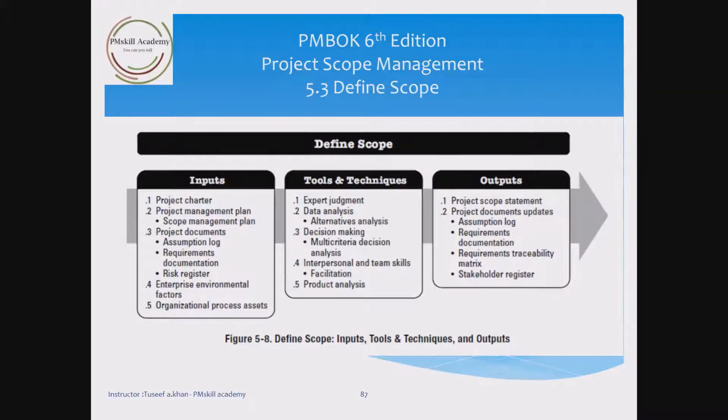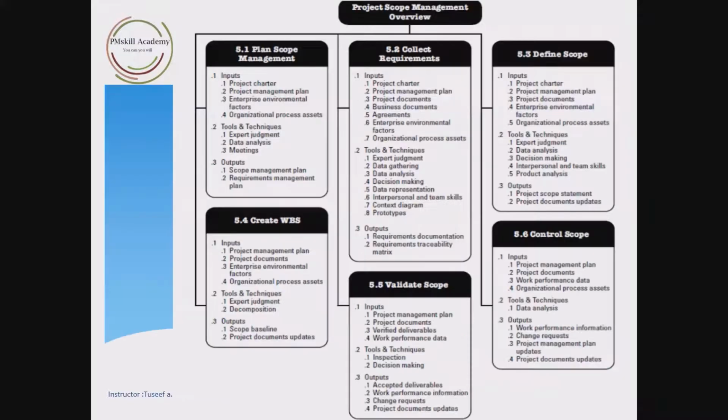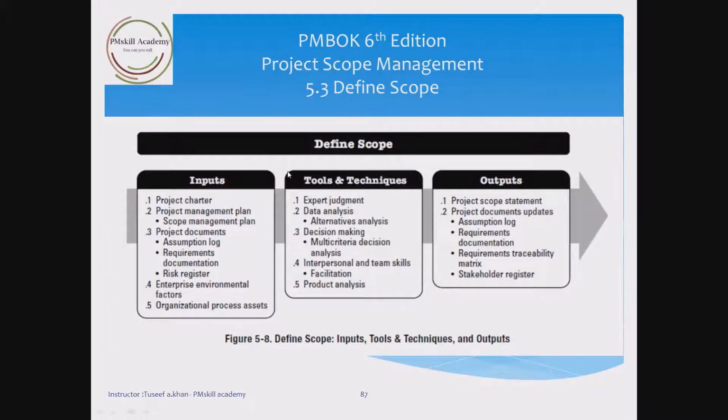And in the project management plan, we will use the scope management plan, which is the output of the first process, plan scope management. We will use this output as input in define scope.